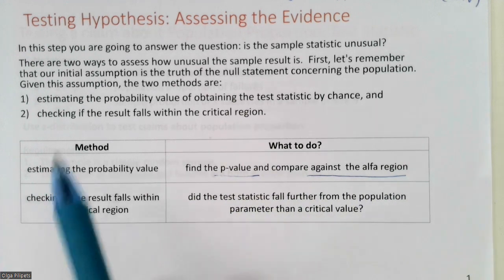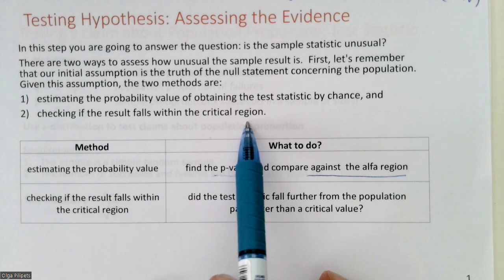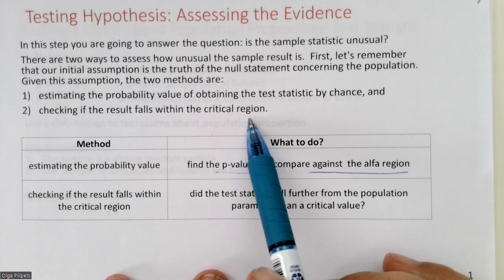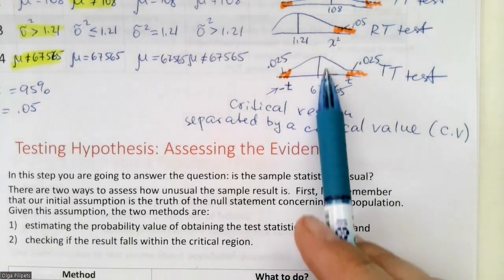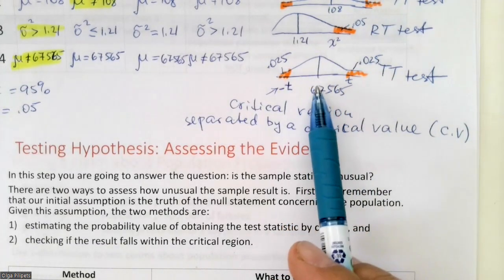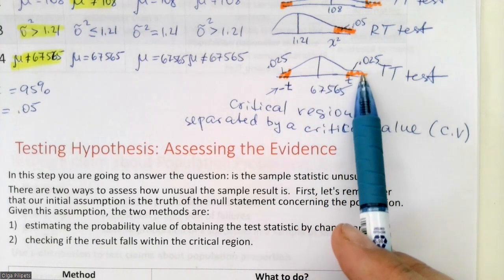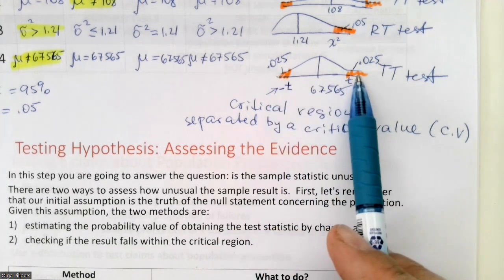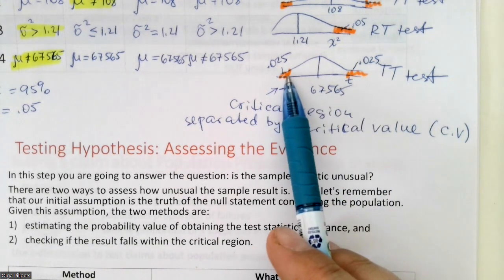Method number 2 is checking if the result falls within the critical region. So basically looking at the relative standing of our result. Where is it located compared to the null statement, compared to the null hypothesis? Did it land in the tails? Did it land far away from the claimed mean?